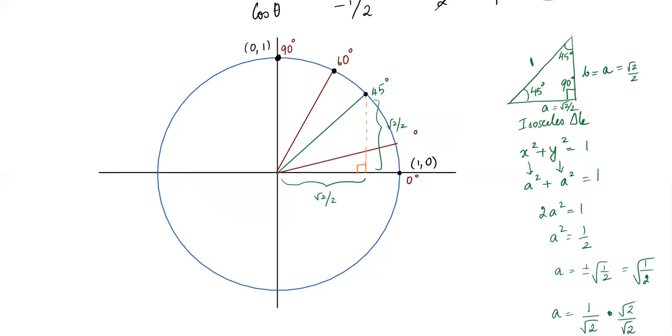That means the coordinate here for 45 degrees is root 2 over 2, comma root 2 over 2. So we were able to find the coordinate of the point on the unit circle where 45 degrees is marked as the central angle. Okay, so if you can think of this for other triangles, we can look at that, say, for 60 degrees here.